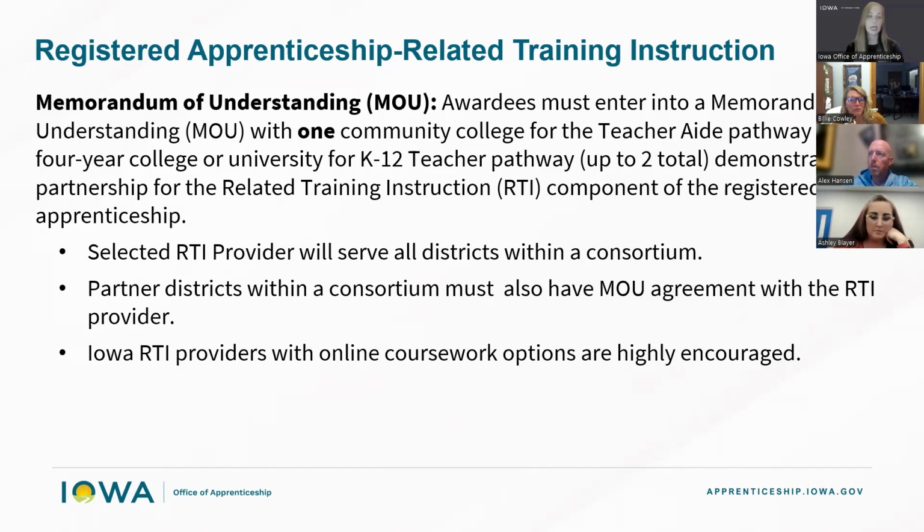So you could potentially have up to 2 total related training instructors providing that RTI component of the registered apprenticeship. So as you're deciding, either as a sponsoring district or your sponsoring district in communication with your partner districts, you will want to decide, are you going to offer both pathways or are you going to offer one? Really kind of depends on the need of your districts.